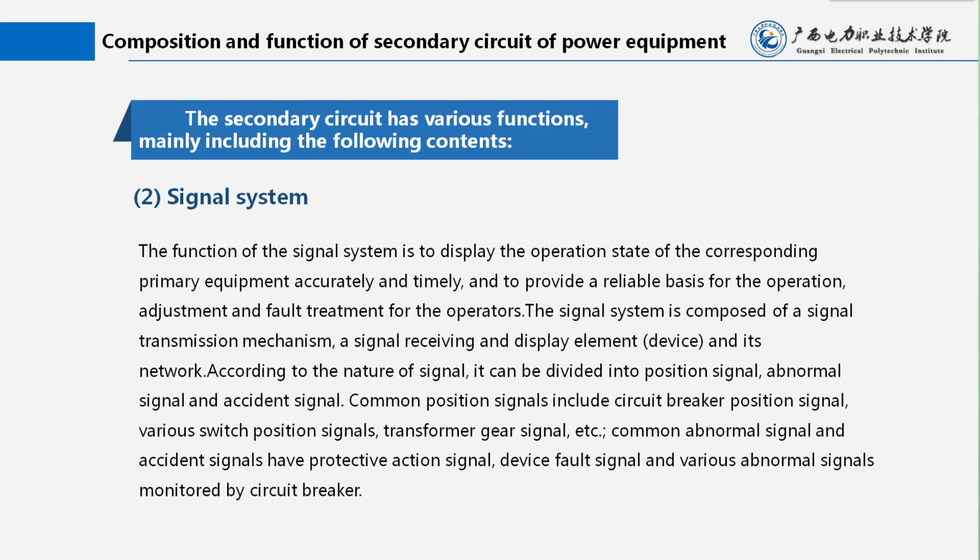According to the nature of signal, it can be divided into position signal, abnormal signal and accident signal. Common position signals include circuit breaker position signal, various switch position signals, transformer gear signal, etc. Common abnormal signal and accident signals have protective action signal, device fault signal and various abnormal signals monitored by circuit breaker.